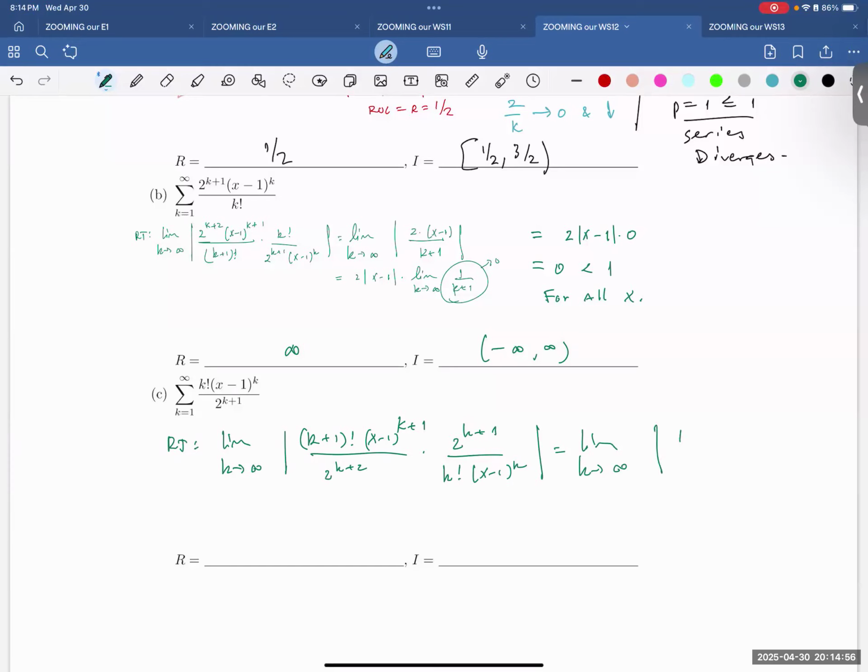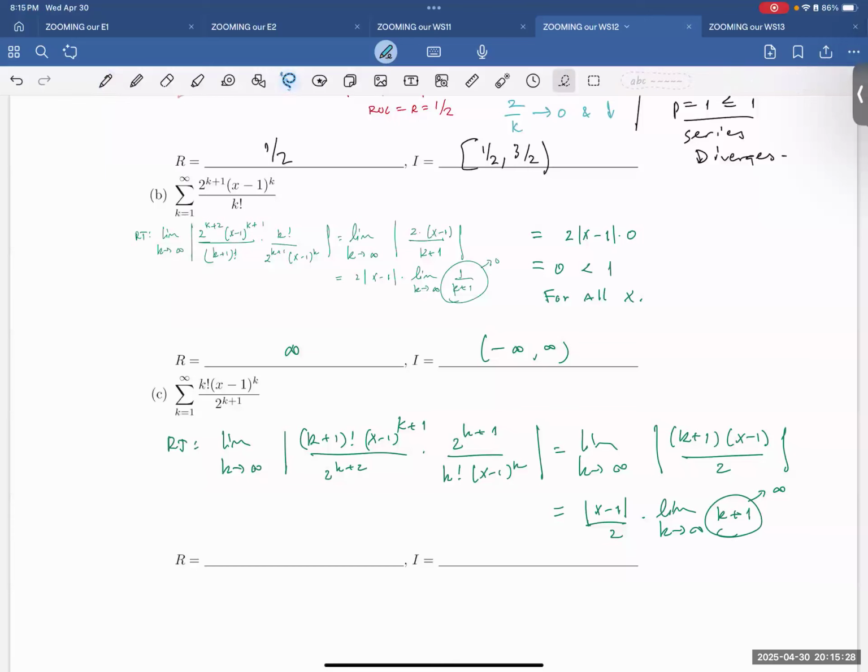The factorials give us a k plus 1 in the numerator. We're going to have an x minus 1 in the numerator, and a 2 in the denominator. So we would have absolute x minus 1 over 2 times the limit as k goes to infinity of k plus 1. This limit goes to infinity.